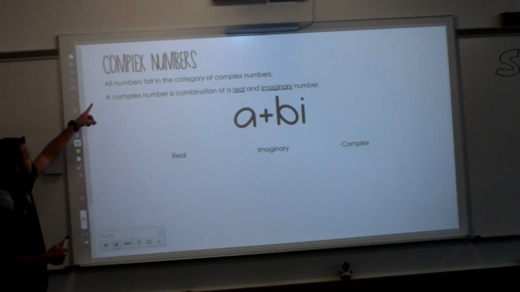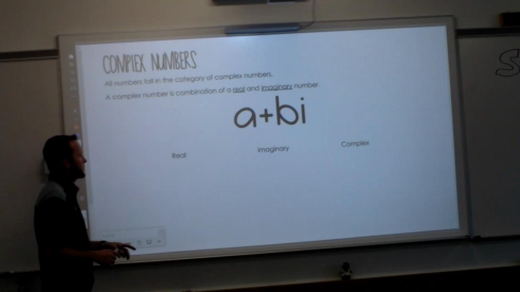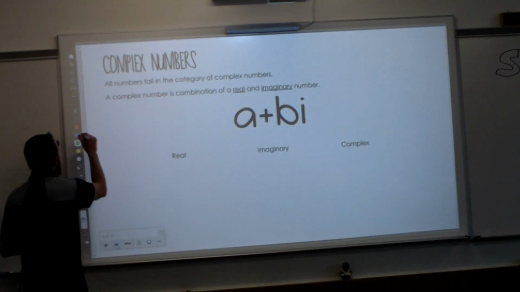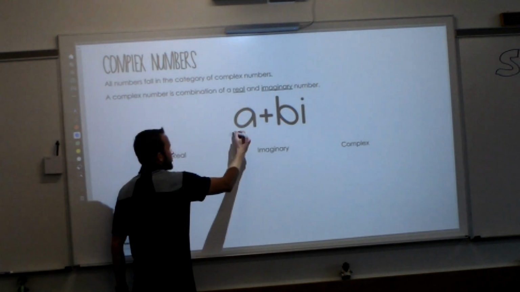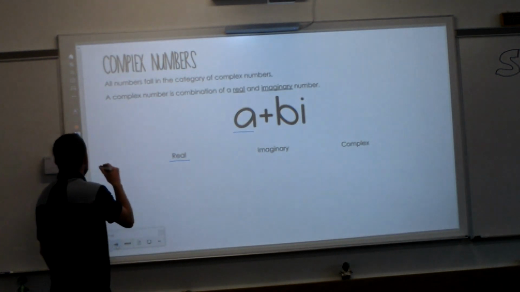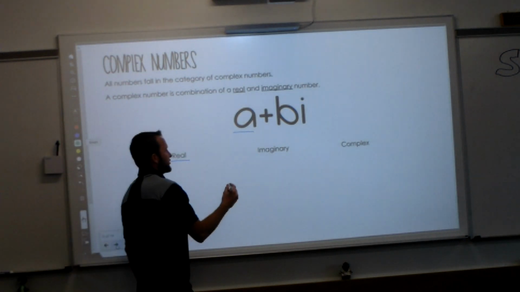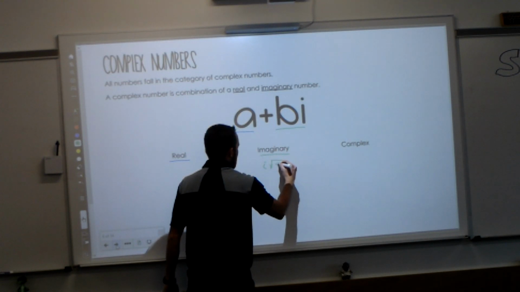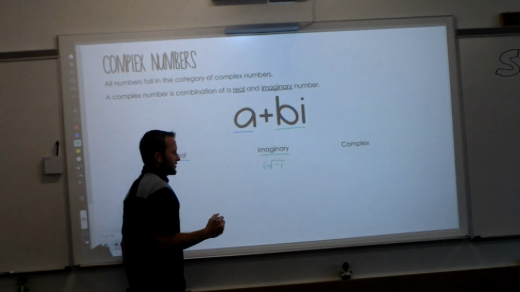Okay, complex numbers. So let's talk more about complex numbers. A complex number has a real part and an imaginary part. This part here, a, represents the real part. The bi represents the imaginary part because i is the square root of -1, which is imaginary.